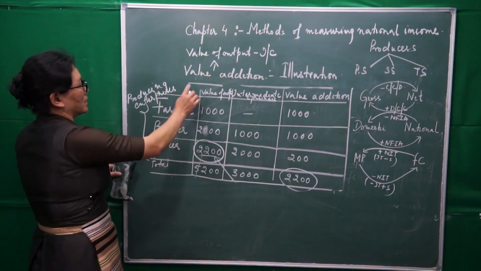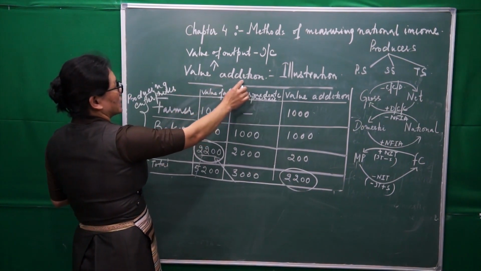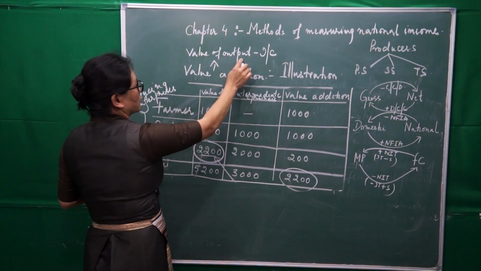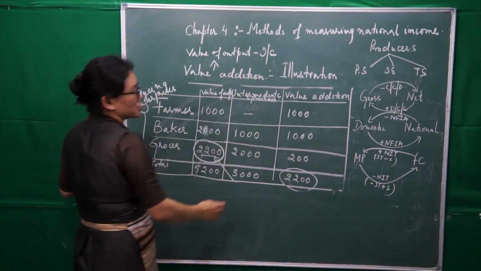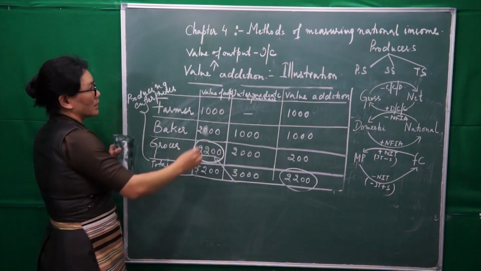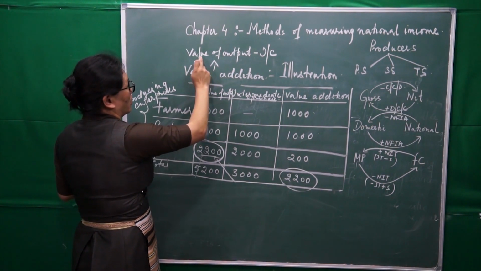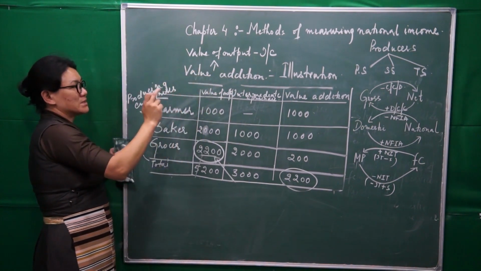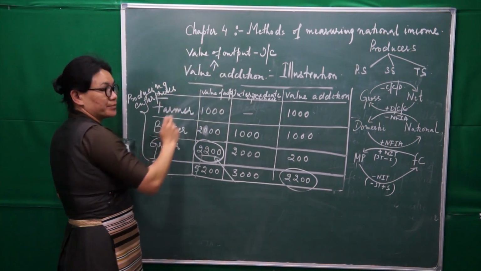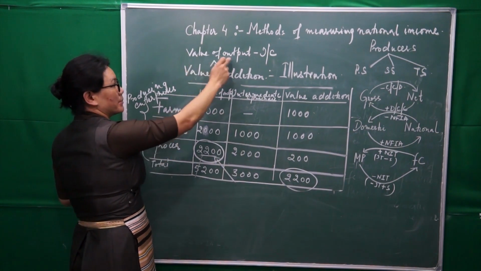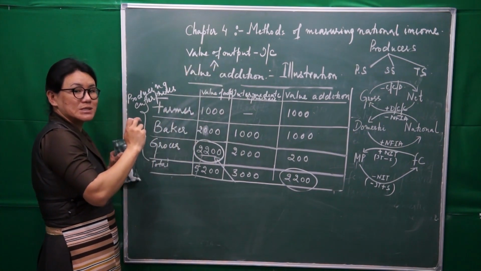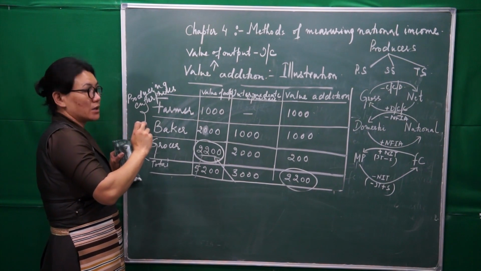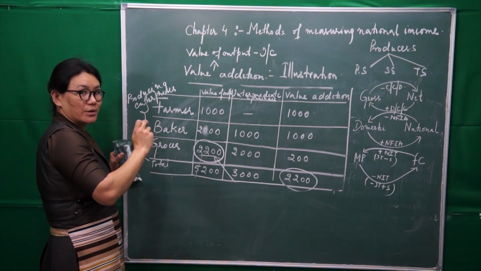I said value addition is the difference between value of output minus intermediate consumption, right? Now, what is this value of output? This is nothing but market value of goods and services produced in an economy during 1 year, right?